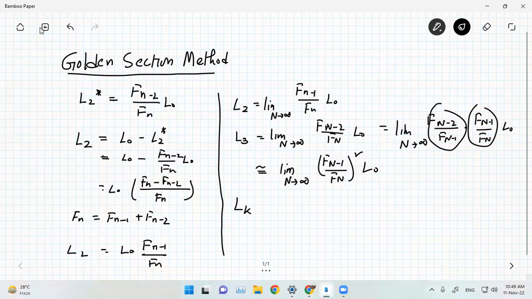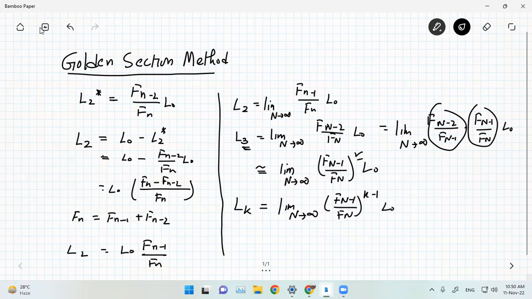So basically, as you can see, the kth interval can also be approximated by this one. If it is 3, then it is 2. So if it is k, then it should be k minus 1. So ultimately, the interval will be limit n tends to infinity of Fn minus 1 by Fn to the power k minus 1 L0.